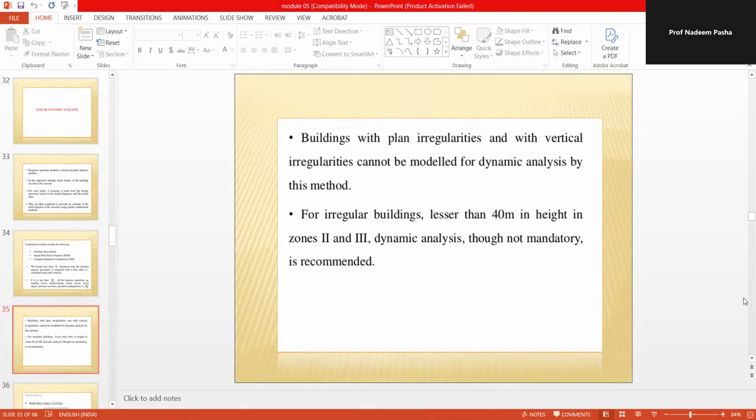Buildings with plan irregularities and with vertical irregularities cannot be modeled for dynamic analysis by this method. For irregular buildings less than 40 meters in height in zones 2 and 3, dynamic analysis, though not mandatory, is recommended.